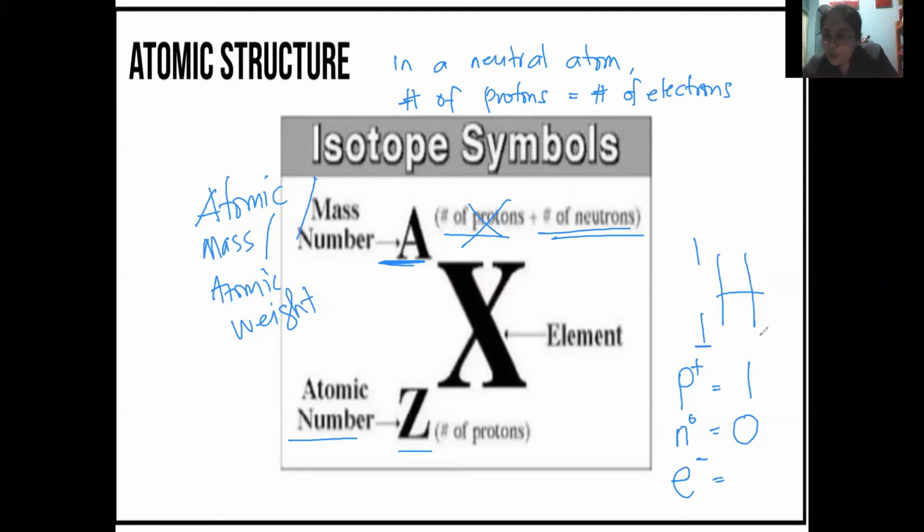So since dito wala kayong nakikita na charge, this is an example of a neutral atom, which means magkapareho lang ang number of protons and ang number ng electrons. Kaya 1 din ang isusulat nyo for the electrons.